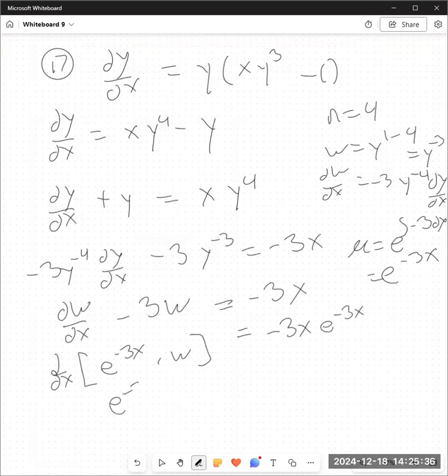So e to the negative 3x times w is equal to negative 3 integral x e to the negative 3x dx.